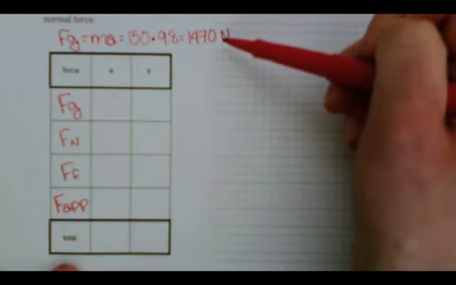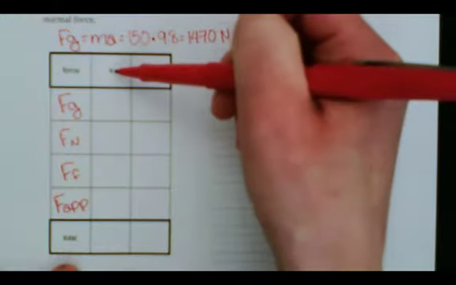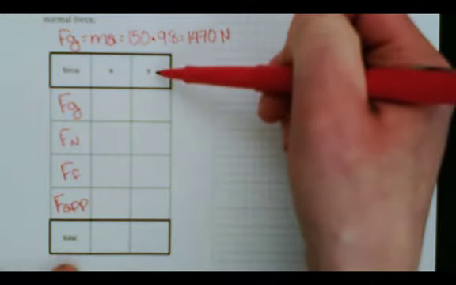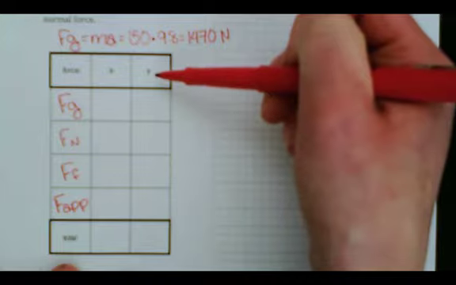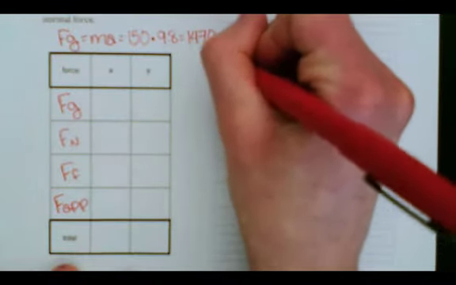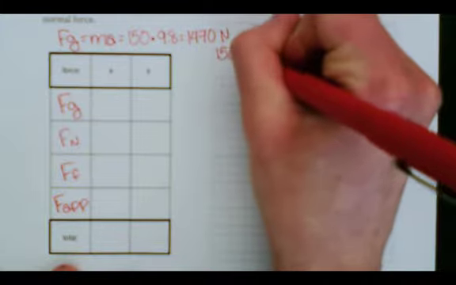Because this force acts at an angle, the gravitational force has both an x and a y component. Let's begin by calculating those now. We'll start by drawing a vector to represent our gravitational force. Let's use a scale of 150 newtons equals 1 centimeter.